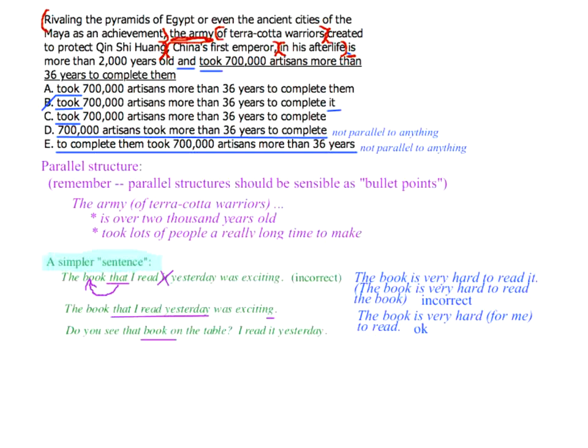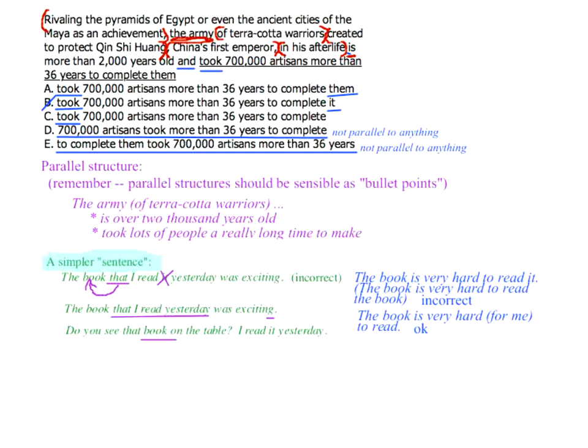And then for them, the them could theoretically be the terracotta warriors, but again, you still have this problem. You still have the army took a very long time for people to make the army. Still not a legitimate construction. You can either say it took a long time for them to make it, or it took a long time for them to make the army.